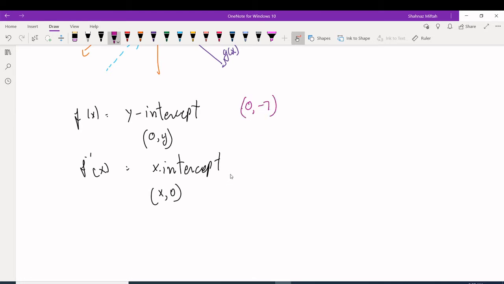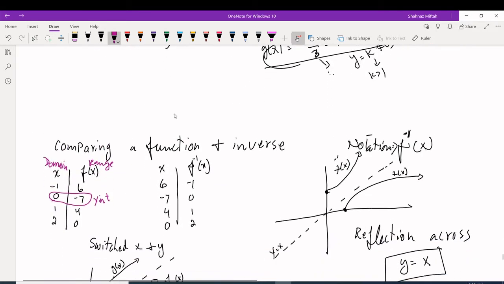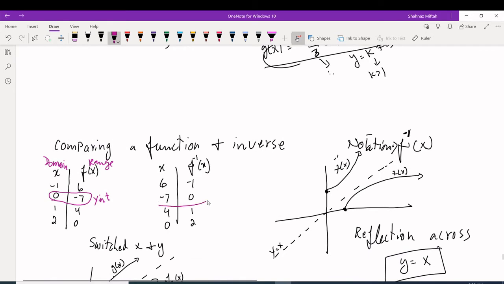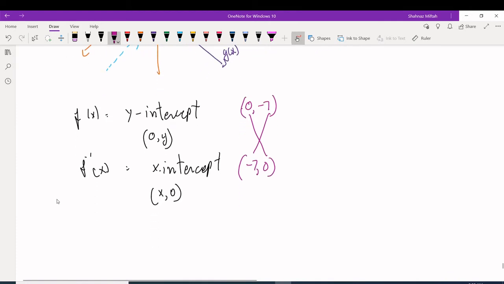Then what do you think the inverse x-intercept is going to be? We switch. We're going to have (-7, 0). You see the x and y are switched? Then this turns into the x-intercept for the inverse function, but for the original it was the y-intercept. And you can check in the table right here, it's the same thing. Look, they switched. This one we call x-intercept because y is 0. This one we call y-intercept because x is 0. And that's what my y-intercept and x-intercept look like for inverses.